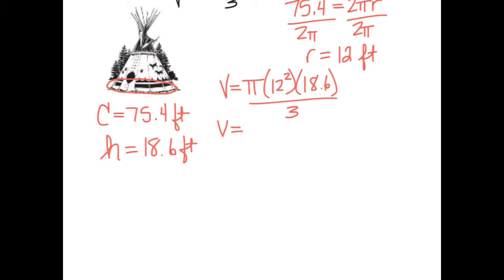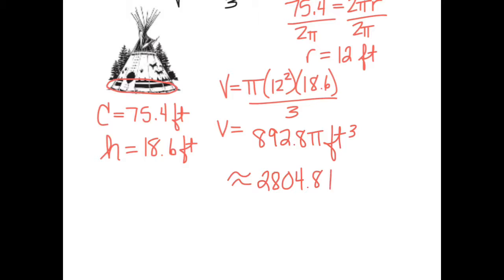So 144 times 18.6 divided by 3 equals 892.8 pi feet cubed, which is about 2,804.8 feet cubed.